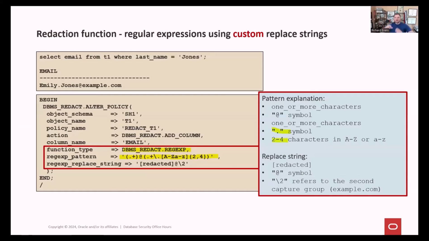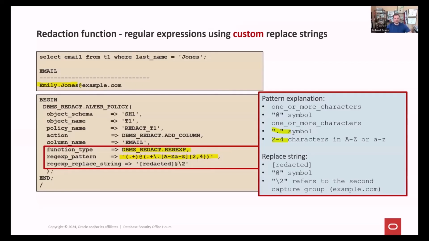So we are breaking our email address down into different portions. So we've got the first portion, Emily Jones, which is 1 or more characters. We've got an @ symbol that is contained in every email address. And then we've got the domain and then .com, .net, .co.uk, whatever it is, we've got it so that we can capture it there, okay?